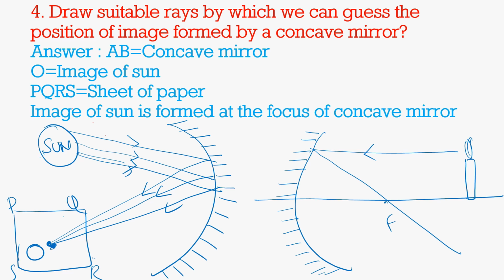This is the center of curvature and normal, and this is the point P, the pole. Pole is nothing but the geometric center of the spherical mirror. Okay, this is how we draw suitable rays.